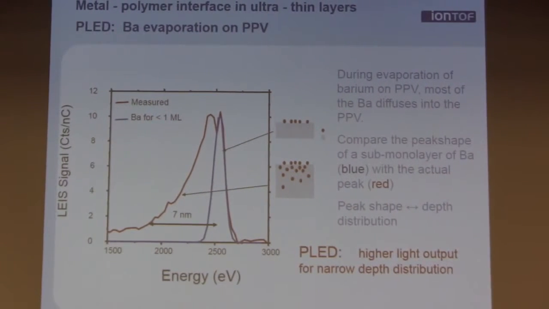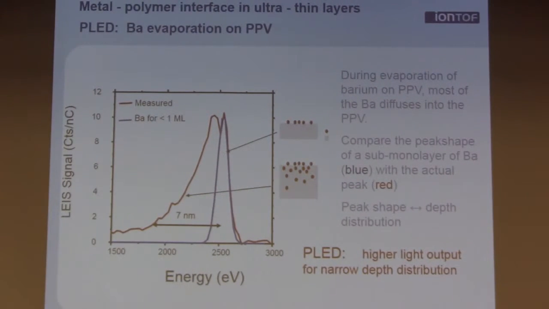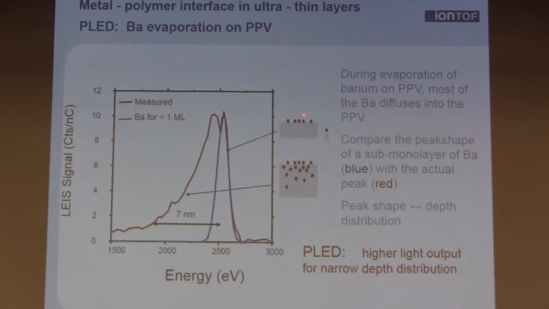Evaporating, making light-emitting diodes, polymer light-emitting diodes. If you want to make an electrical contact, you evaporate some barium on a polymer called PPV, and you try to get a sharp interface, because the sharper the interface, the more light comes out of your device. But in reality, you see that if you evaporate barium, this cartoon is more real than the top one. And how do you see it? Well, the blue is supposed to be the peak if the barium was just in the top layer, a nice Gaussian-shaped peak.